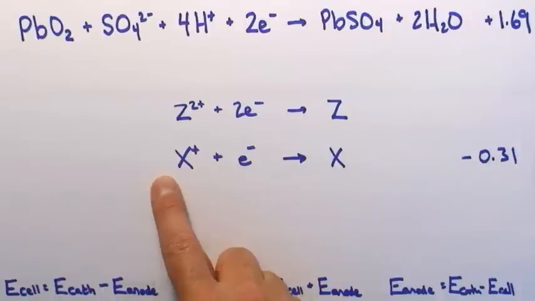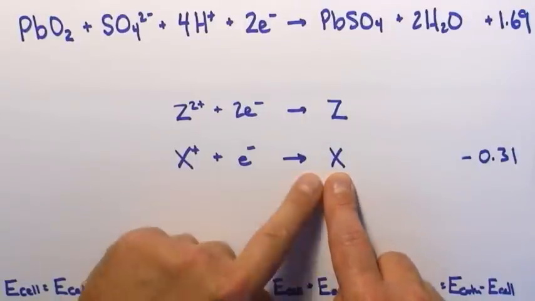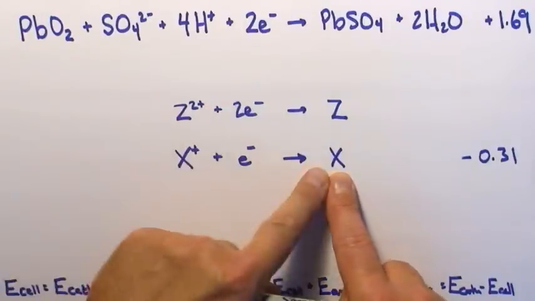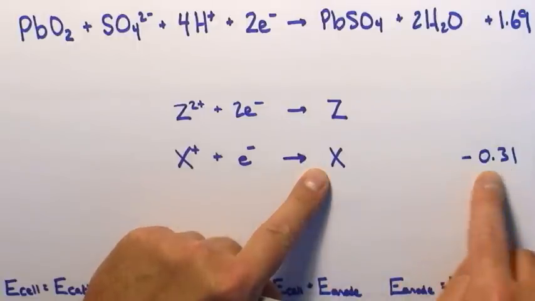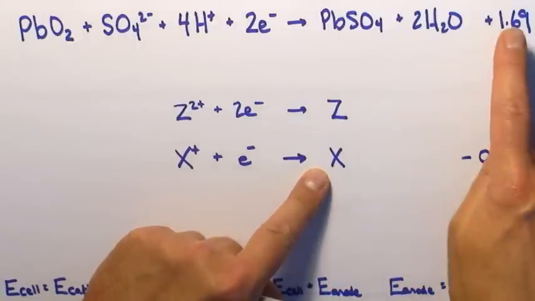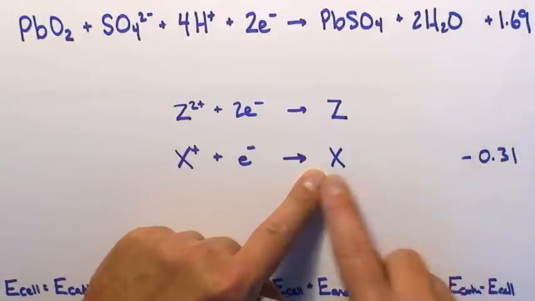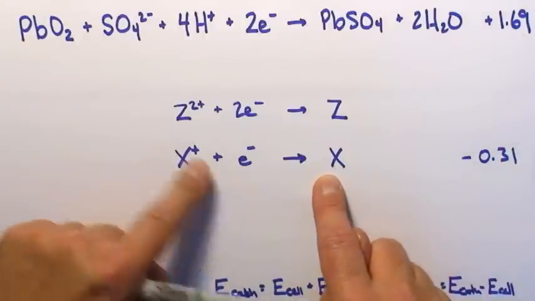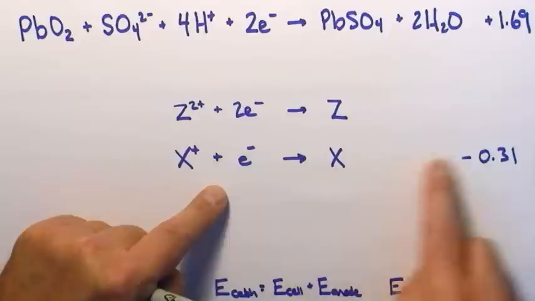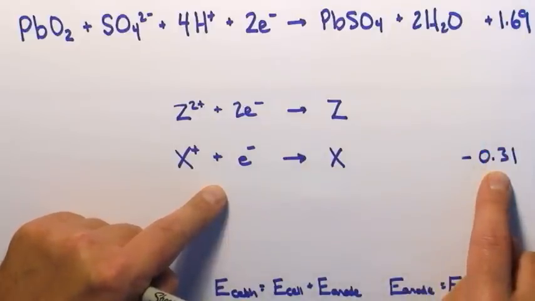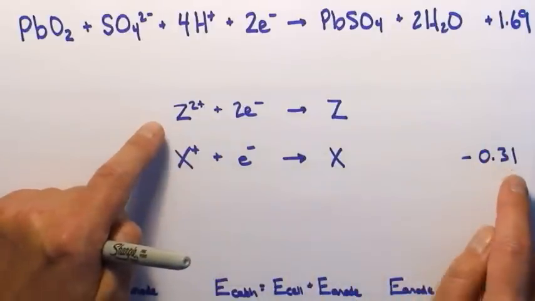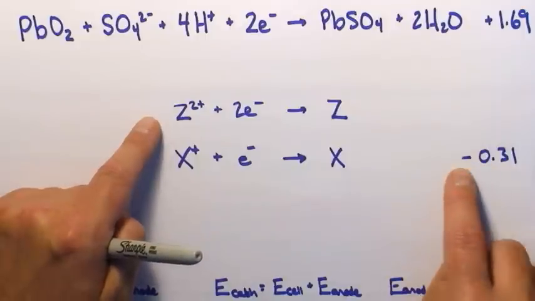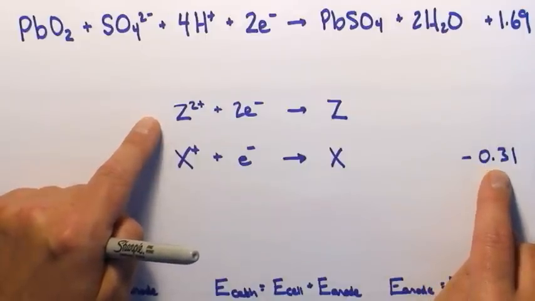So X, which reacted with this oxidizing agent, is predictably a smaller electrical potential than this. So far the X and the lead-4 oxide half reaction seems to be positioned okay. We know then that Z is going to be at least greater than negative 0.31 volts.